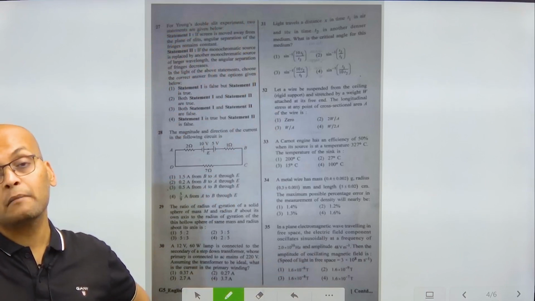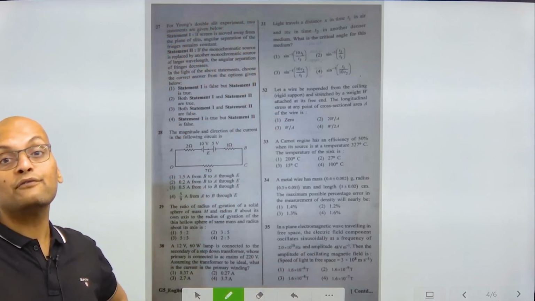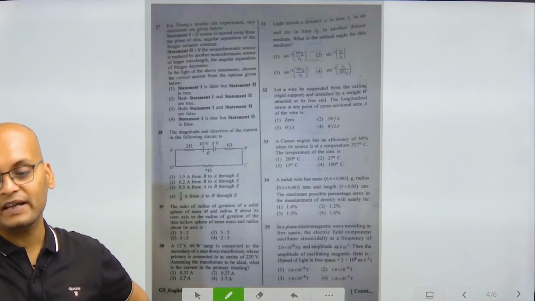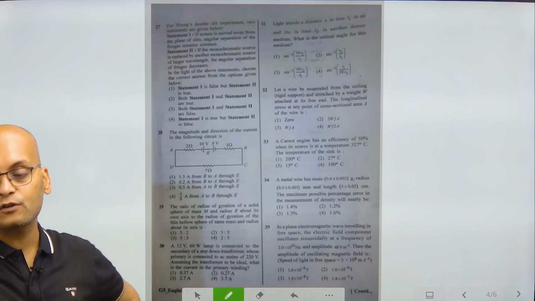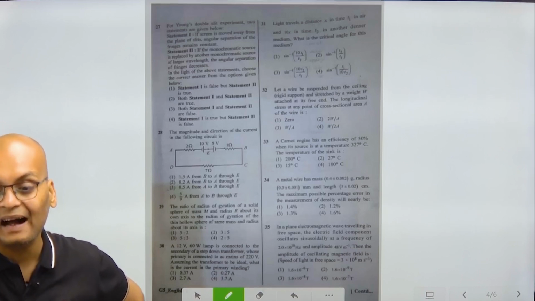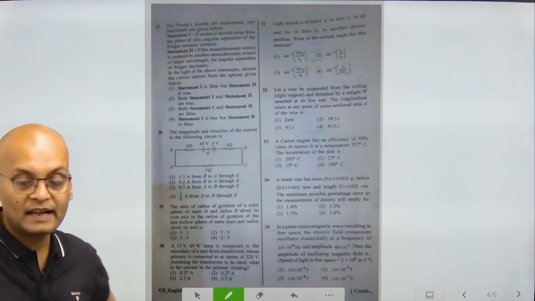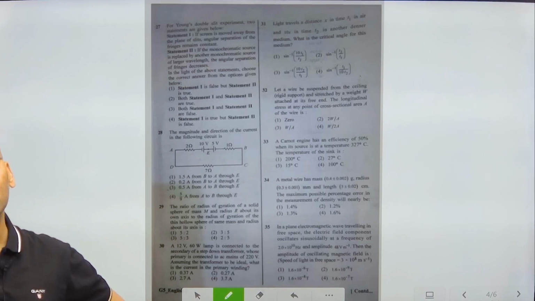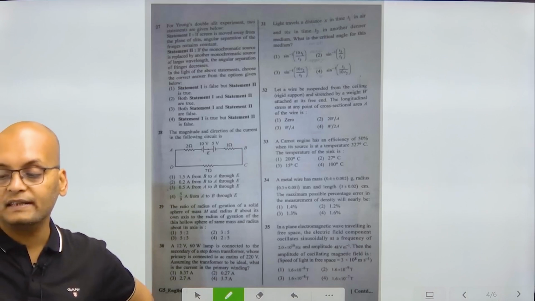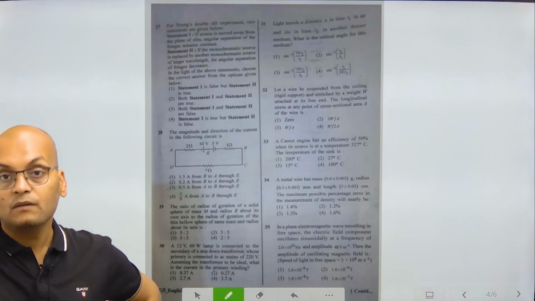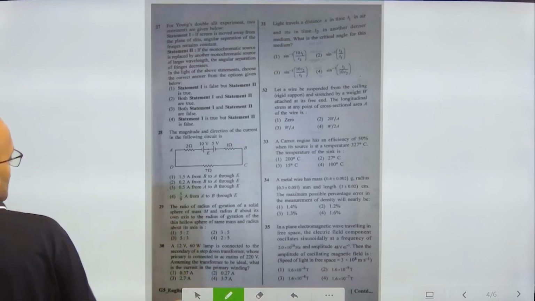It is talking about the angular fringe width, not the fringe width. Angular fringe width is given by theta. That is the point that we have to remember. And what is the formula of theta? Angular fringe width.